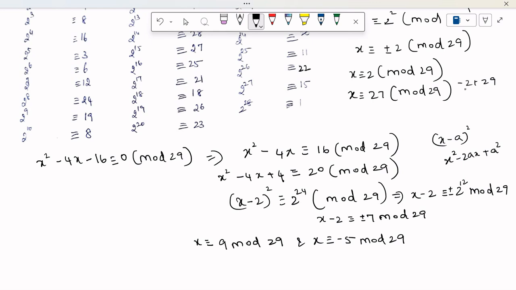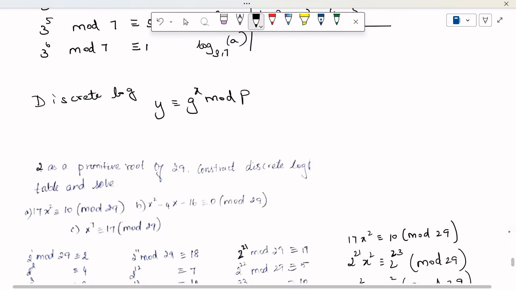First, x minus 2 is congruent to 7 mod 29, so 7 plus 2 is 9. Another possibility is -7. So -7 plus 2 is -5, which is equivalent to -5 plus 29, which is 24 mod 29.